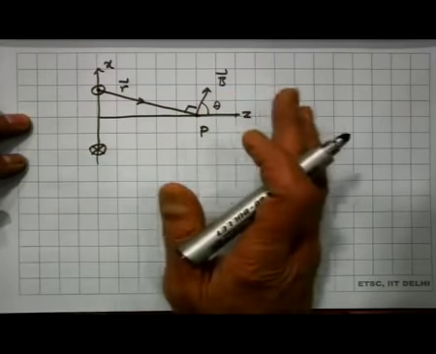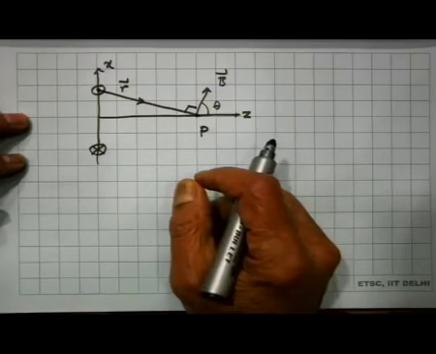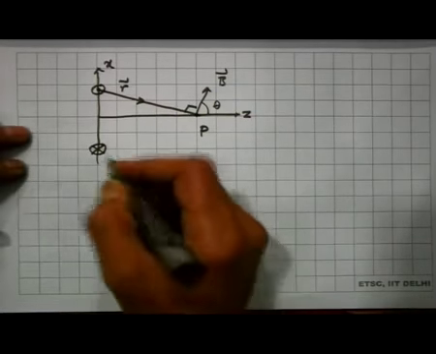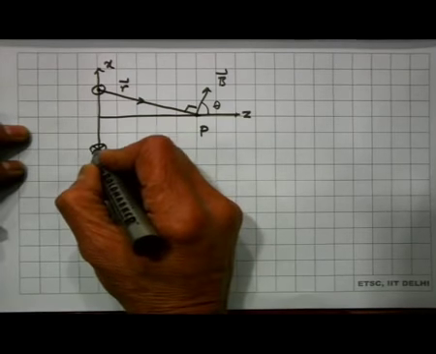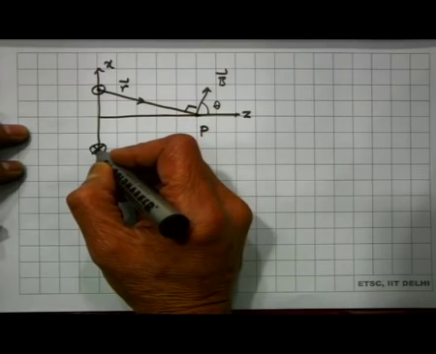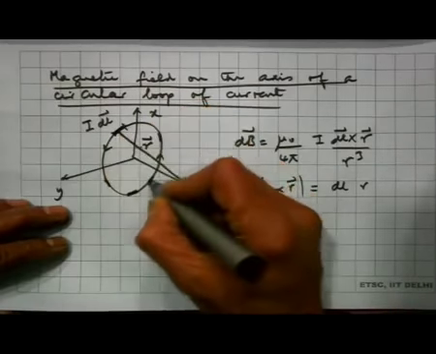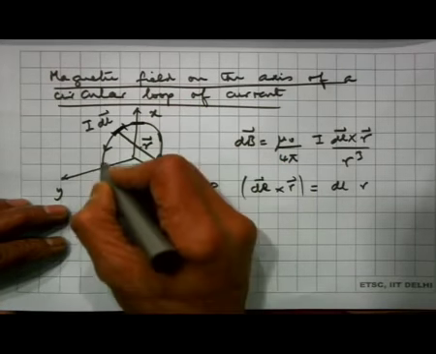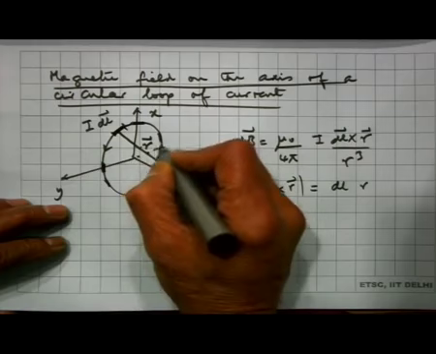the B vector now has components along both the x-axis and the z-axis in this plane. Now it is interesting to note, because the problem is very symmetric, that if I look at the current element which is exactly diametrically opposite on the other side, for a current element here, there is another current element on the other side.